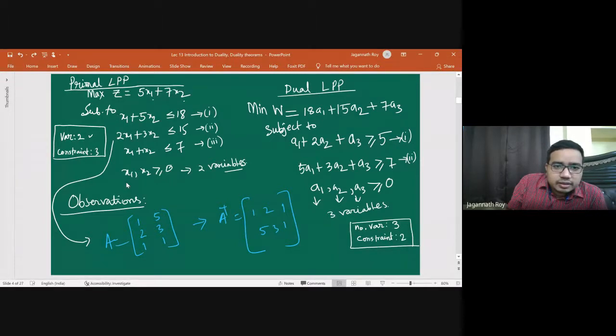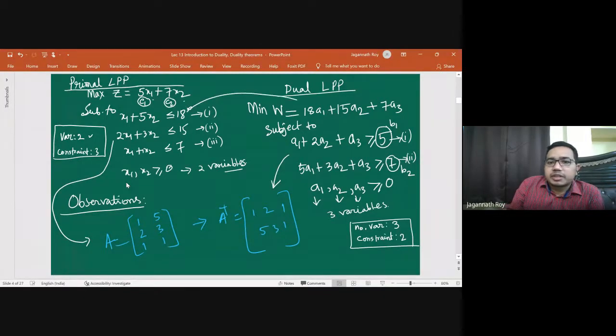Then the coefficient matrix for the dual problem is just the transpose of A. Not only that, the cost coefficients C1, C2 now become the resources B1 and B2, and the resources 18, 15 and 7 become the cost coefficients here.